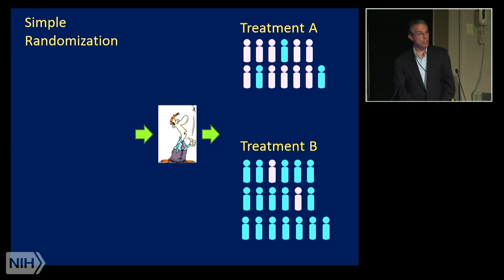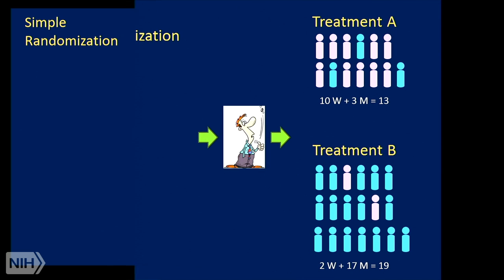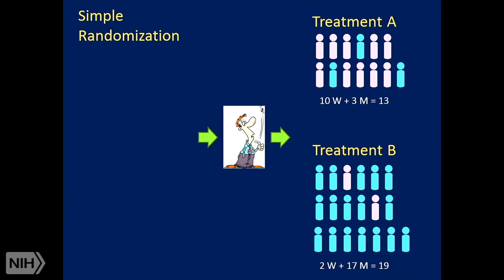And what's the second problem? Right. There are more women in A than there is in B. So first we have 13 people in A and 19 participants in B. We don't like that. And then there are 10 women in A and 2 women in B. And we don't like that. Why don't we like that? Because of confounding.